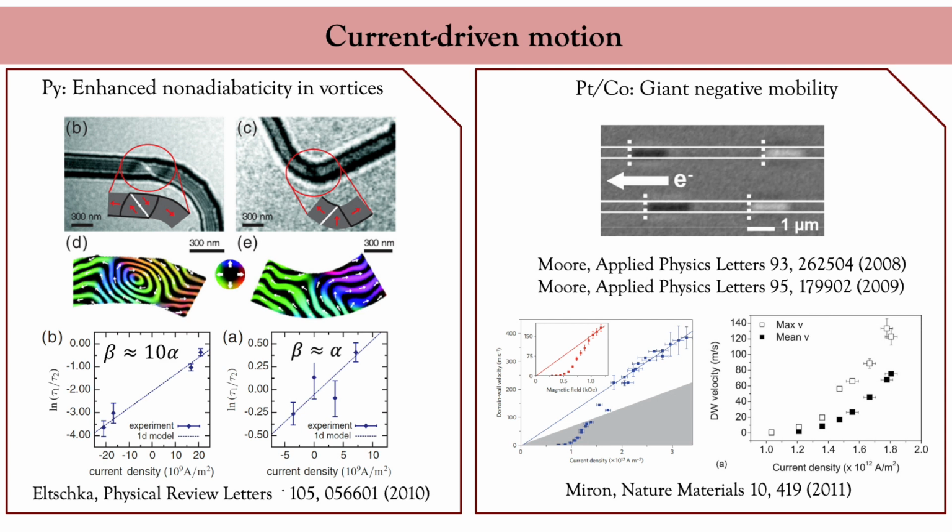But what is even more intriguing is that the wall is not going in the right direction. In these systems, the wall is going against the electron flow, whereas in any other system such as permalloy, the domain wall goes with the electron flow. So that's our second puzzle.